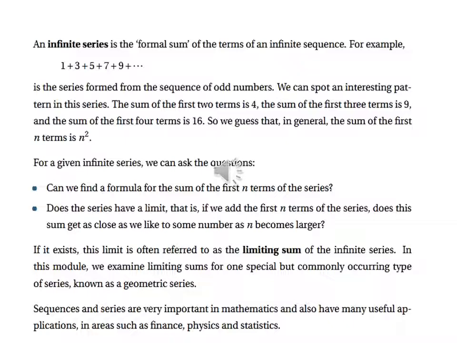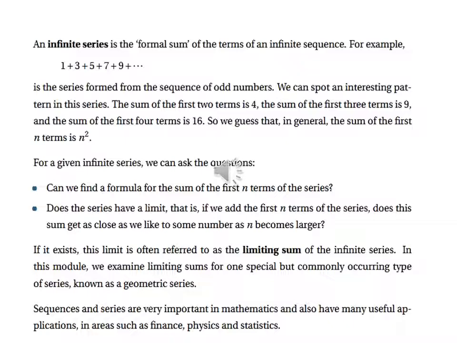For example, we can see that the terms of the infinite sequence 1, 1 over 2, 1 over 3, 1 over 4, 1 over 5, whose general term is 1 over n, approach 0 as n becomes very large. This has infinite terms, but it is called convergent because the limit goes to 0.